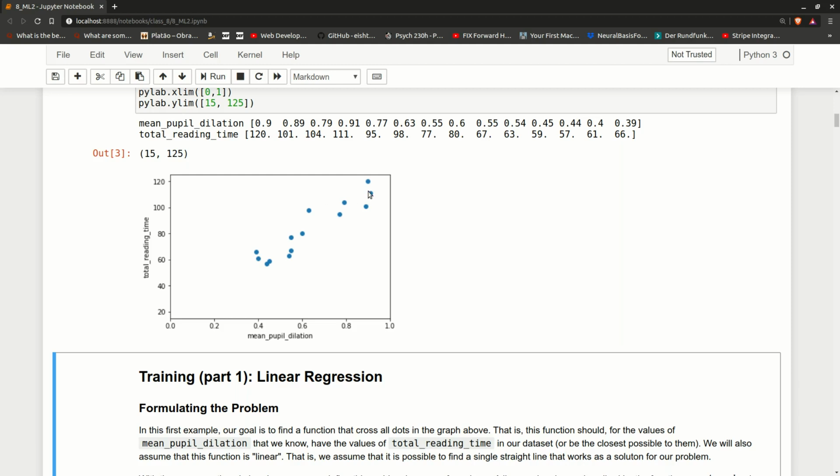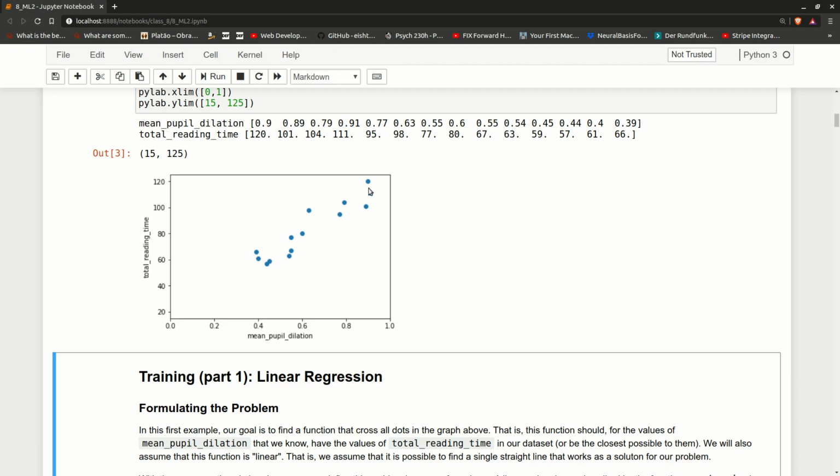Let's say that the line is going here and that it passes here when x equals, I don't know, 0.9, and let's say that the ideal line would pass here. So our goal is to have this distance, the distance between the line and this data point, to be as small as possible.